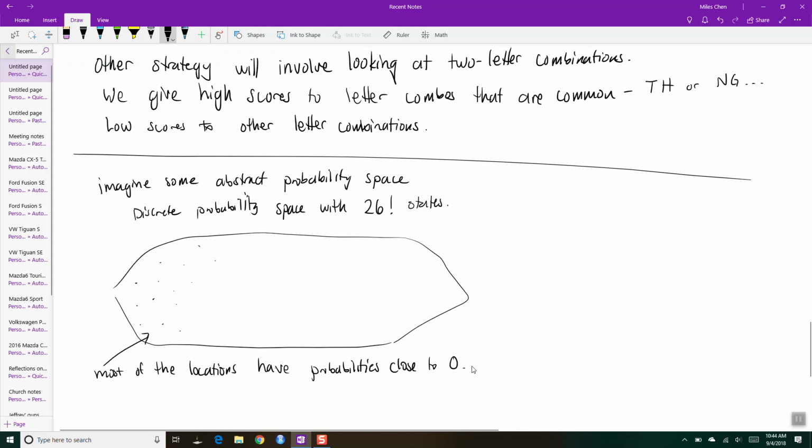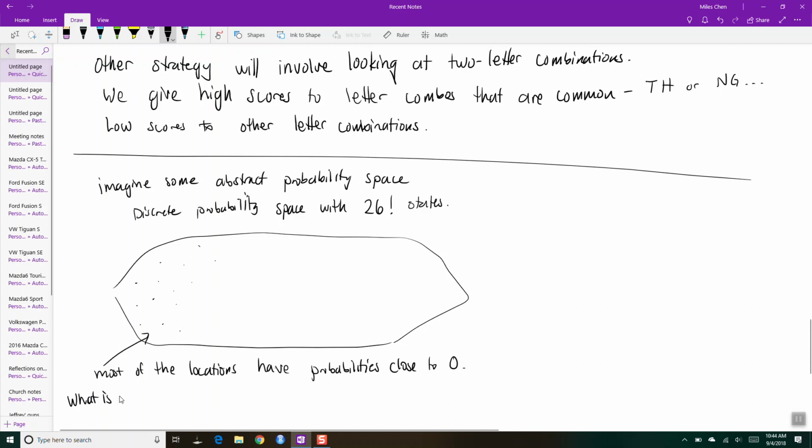Because the question is, what is the probability of this mapping given this is the data that we've intercepted, right? Given that this is the message we intercepted, what's the probability that the letter mapping they used was this?